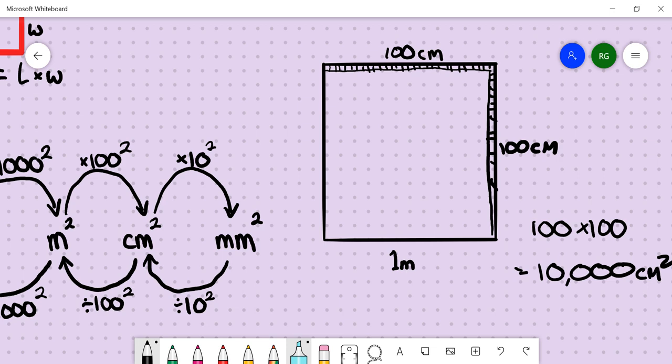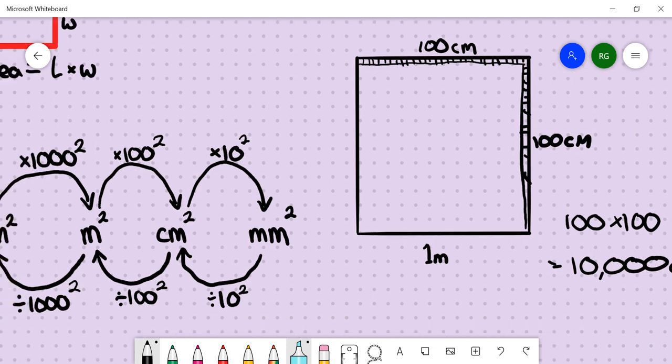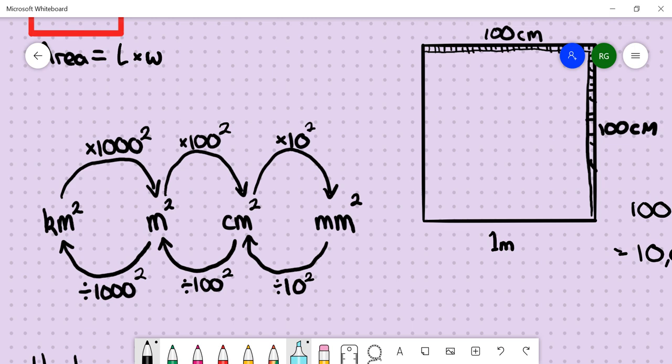Can seem like a lot, but you've got to trust the process. As is going from kilometres squared to metres squared, there are 1 million metres squared in 1 square kilometre.